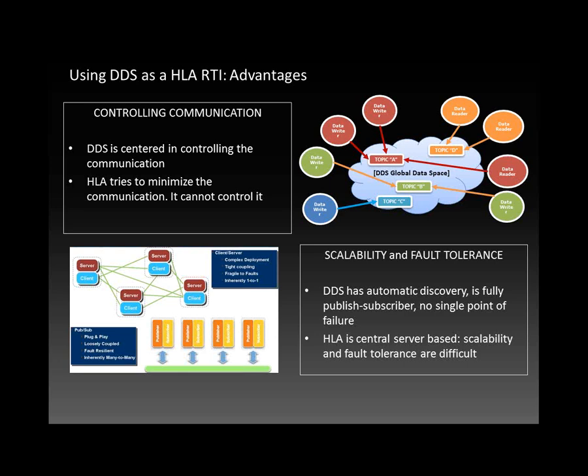With DDS, we can have scalability and fault tolerance. For example, it is possible to have more than one RTI central server at the same time. Why? Because we can play with quality of services, with strength or with ownership. You can have more than one server running, and only one server is going to be leading.